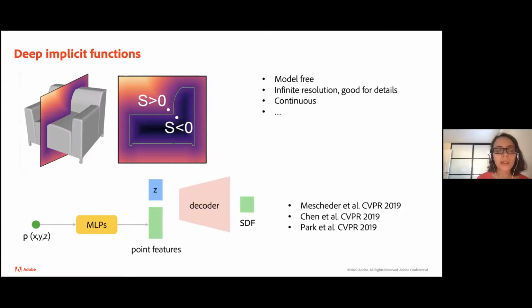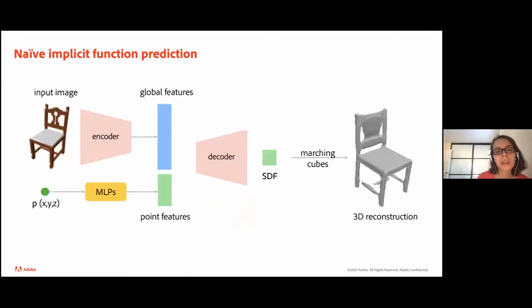If we now try to apply this, I guess, naive logic to our task of single view 3D reconstruction, what we can do is replace that feature vector z with some features that we extract from our input image. Given the input image, we have an image encoder that gives us some image features.